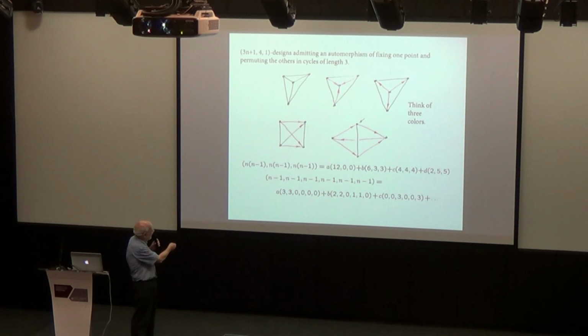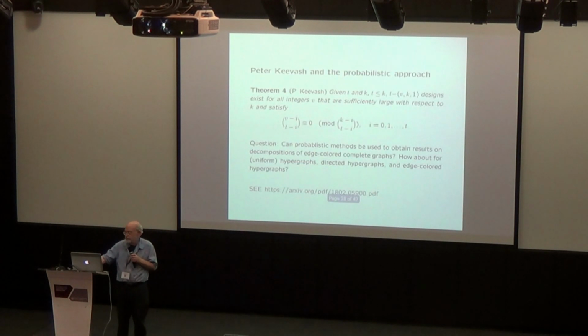But there is a constraint on n minus 1. Everyone knows that some asymptotic existence problems in combinatorial designs can be attacked with the probabilistic method. This is very important and wonderful work by Peter Keevash and others.